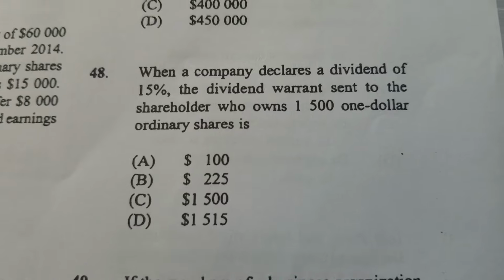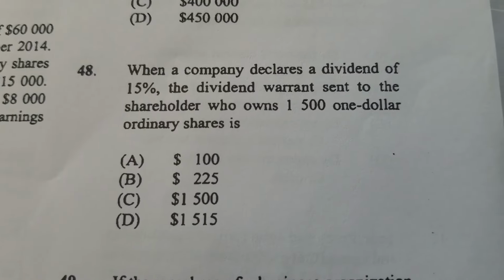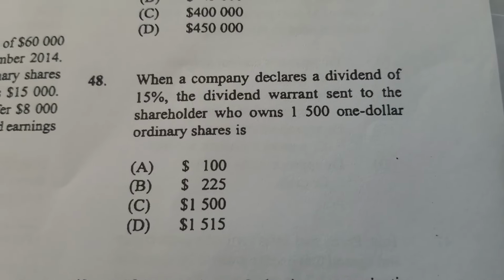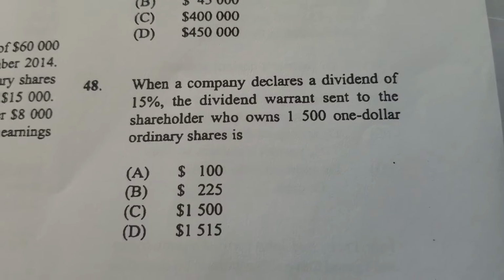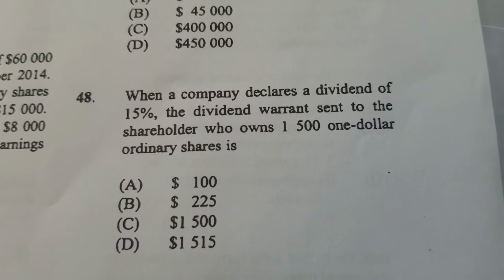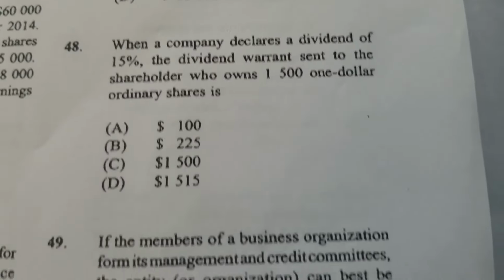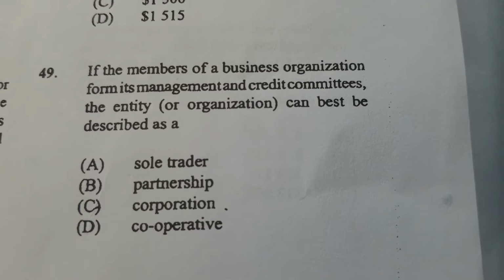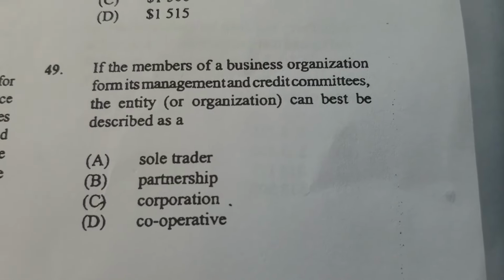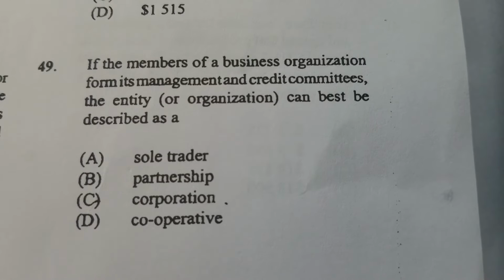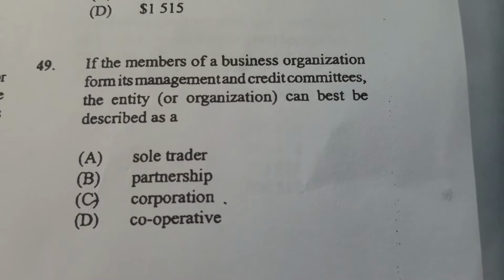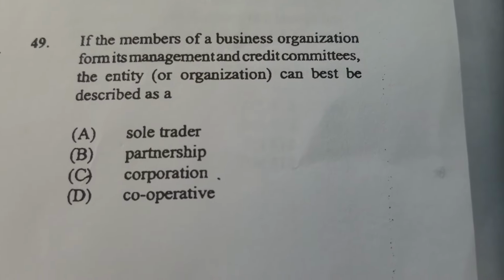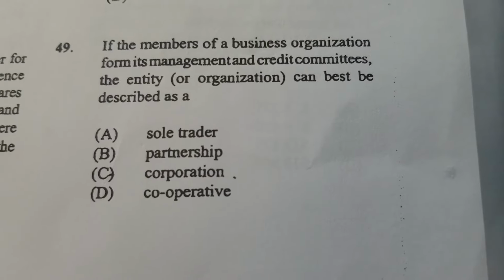All right, so we take 15% of the amount of $1,500, and our answer is B, $225 would be the appropriate answer. Question 49. Question 49 says, if the members of a business organization form its management and credit committees, the entity or organization can best be described as, and our answer is D, a cooperative business, yes?